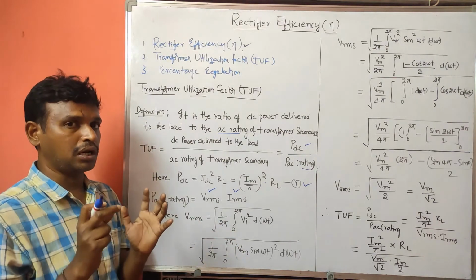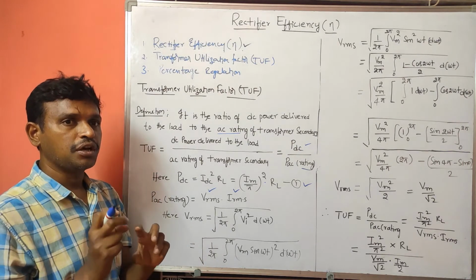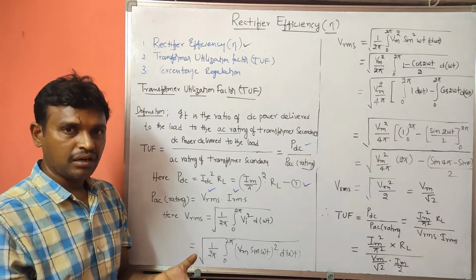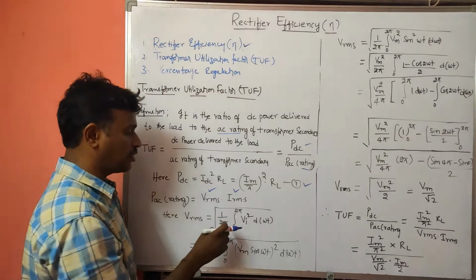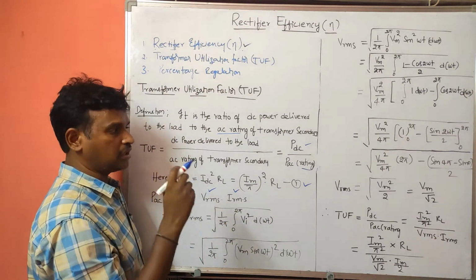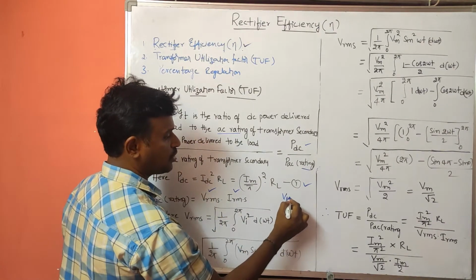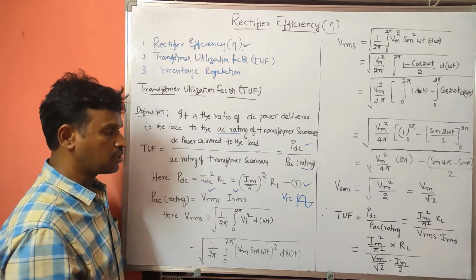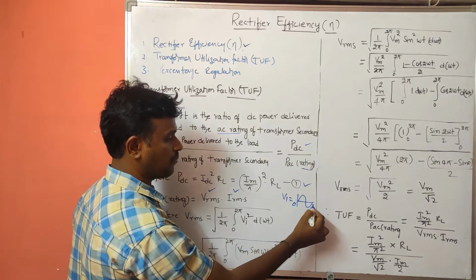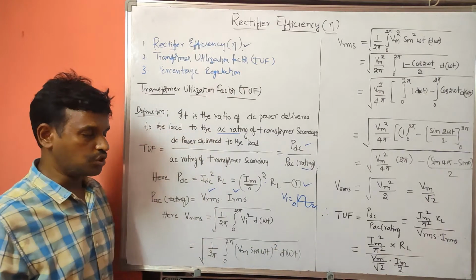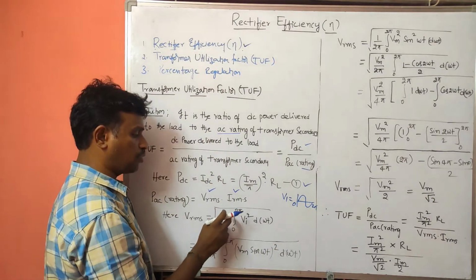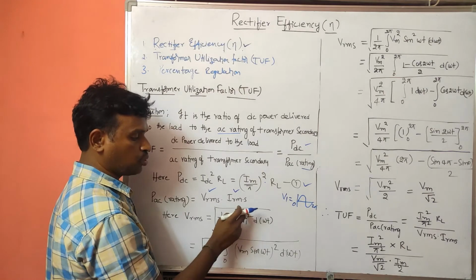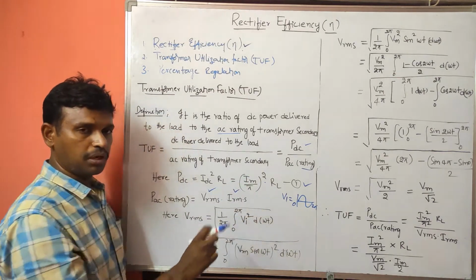We have to calculate the RMS value of the secondary winding voltage, that is the input side, Vi. So we have to consider the complete cycle, not the half cycle, that is the complete time period, 0 to 2 pi. Therefore it is square root of 1 by 2 pi integral 0 to 2 pi Vi square d omega t.